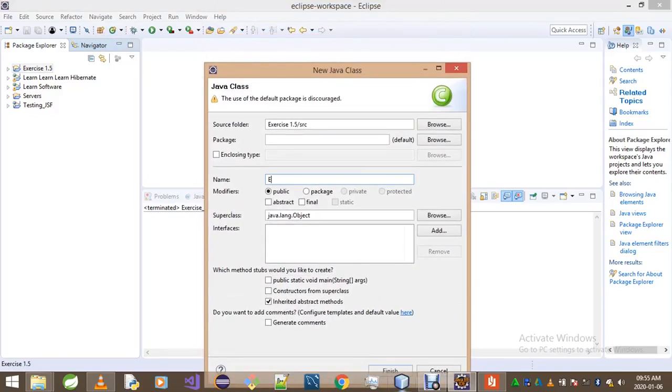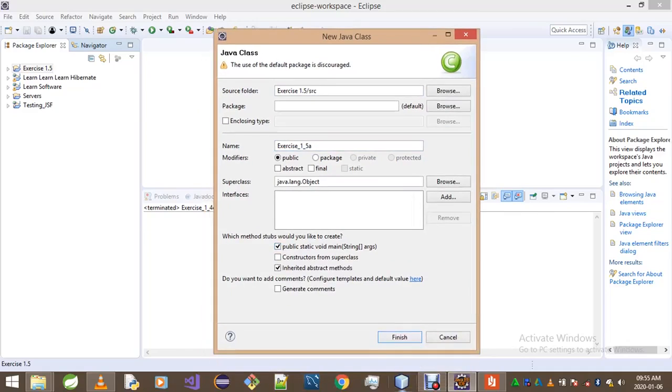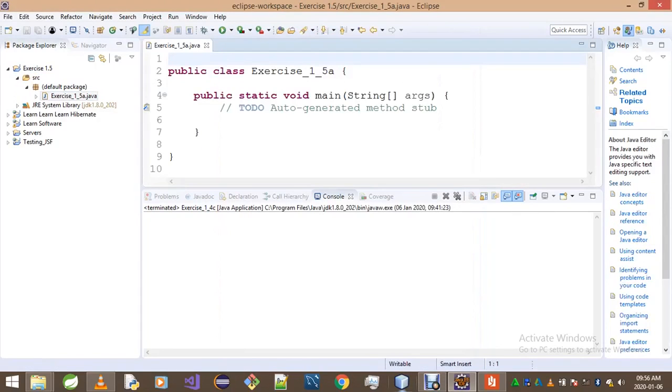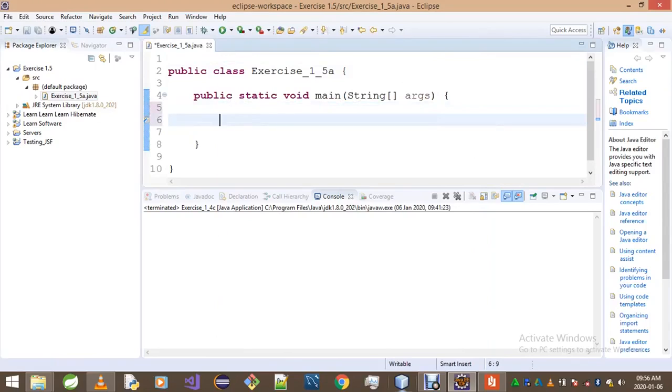Since we're solving this from student A's perspective, we're gonna call our class exercise 1 underscore 5A, and then select a main method so that a compiler will generate it for us. Now that we came this far, what we gotta do is to give out a solution.